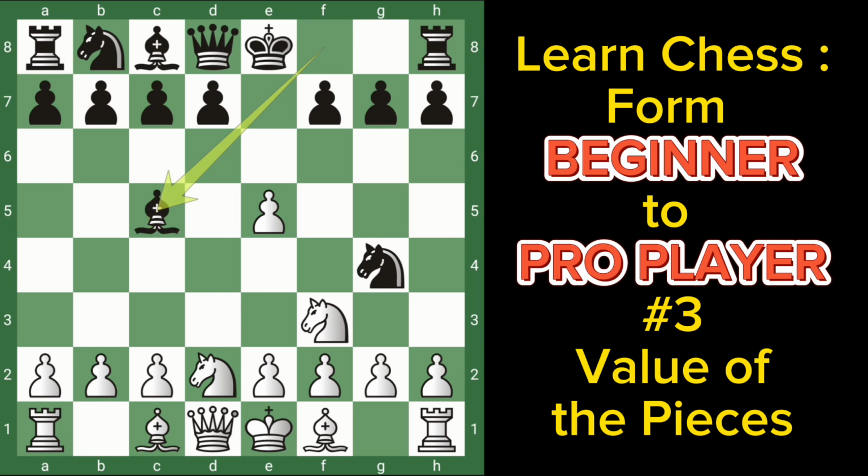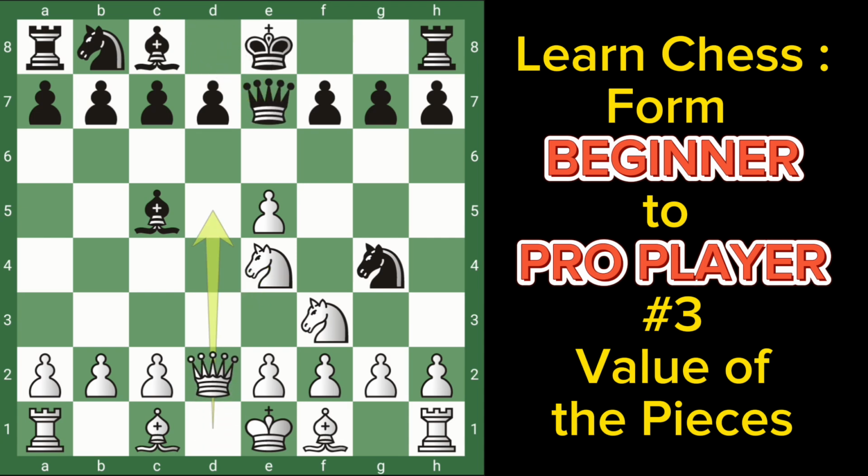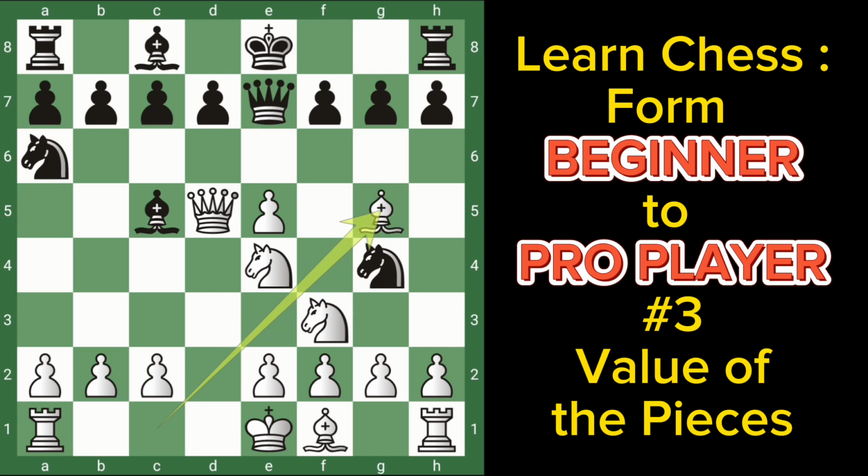Bishop C5. Knight E4. Queen E7. Queen D5. Knight A6. Bishop G5. Queen E6. Queen takes E6. Check. F takes E6.